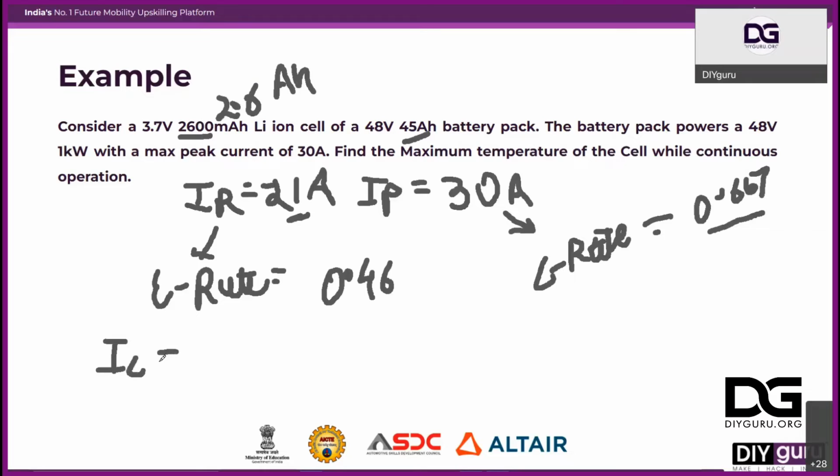I cell is equal to 2.6 into 0.67, which is 1.734 amps. So I'll just take this as 1.75 amps.